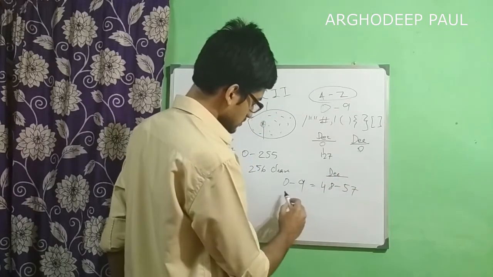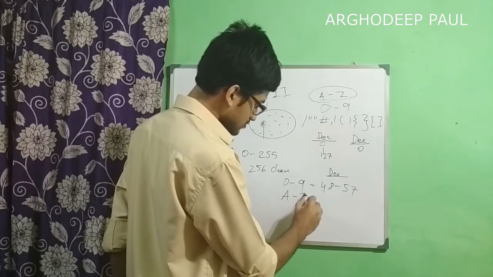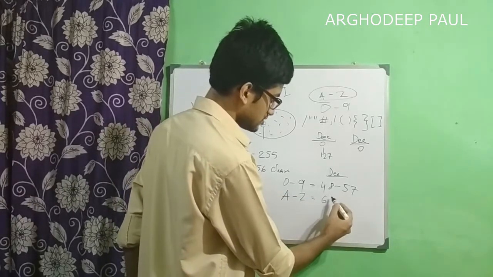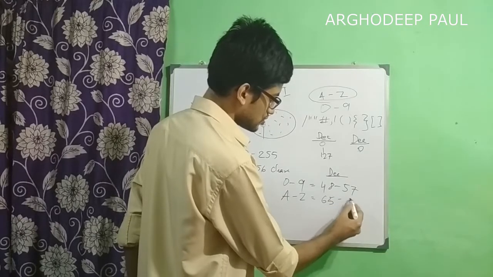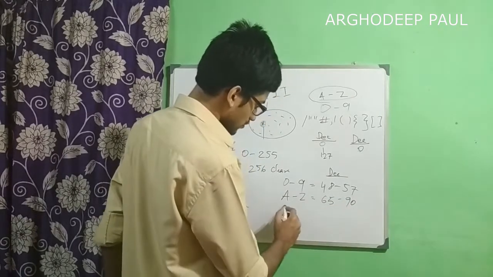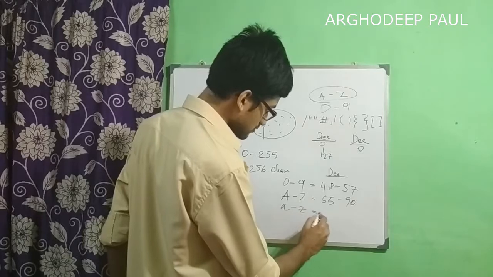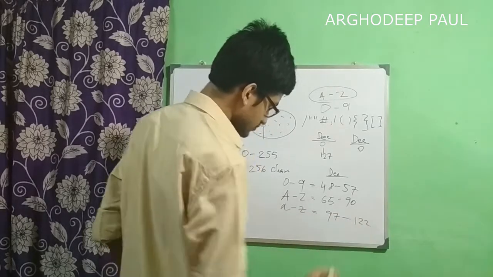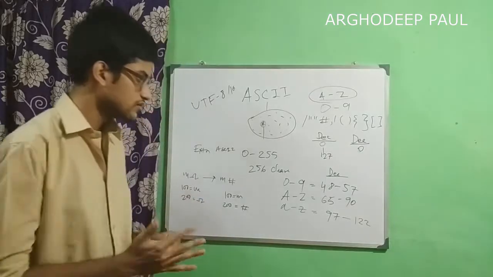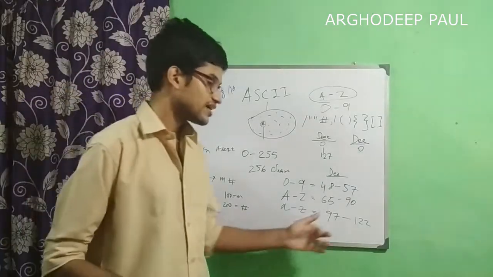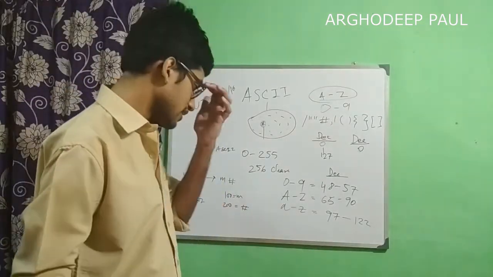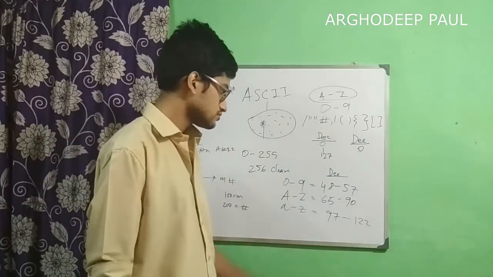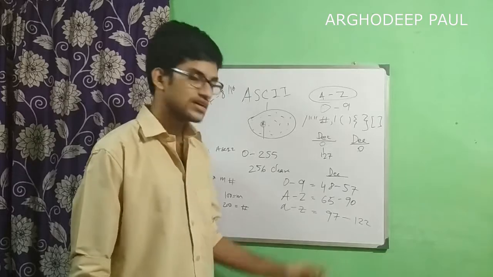For capital A to Z it should be 65 to 90. For small a to z we should have 97 to 122. Make sure if these are right, but as per my memory, as I can recall right now, these should be the values.